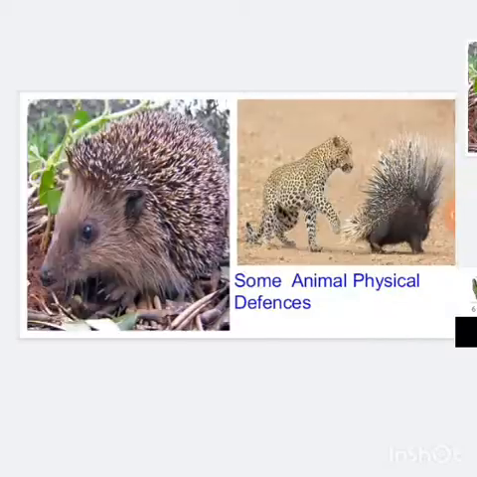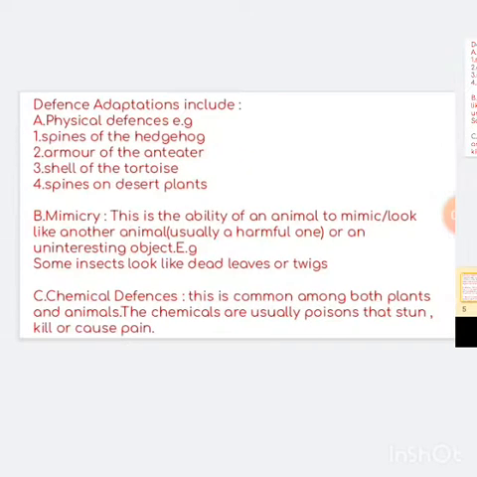Okay, so let's go back to our defense adaptations. So the third one is chemical defenses. It is common among both plants and animals. Usually, some animals have chemicals that they release. Some of these chemicals are poisonous.